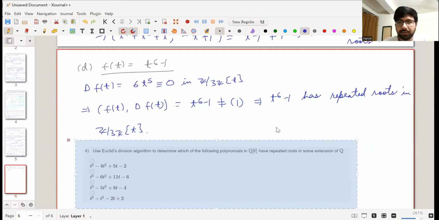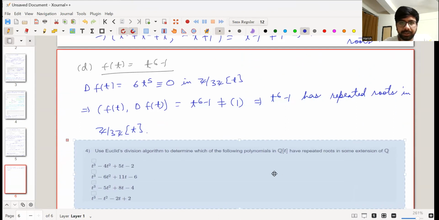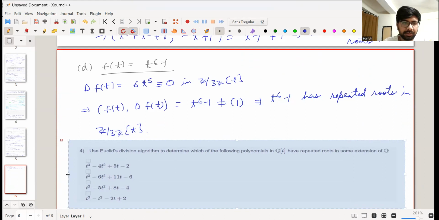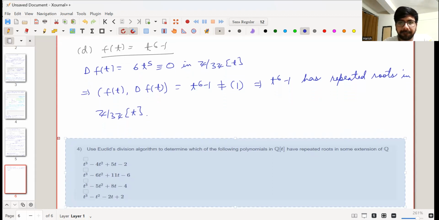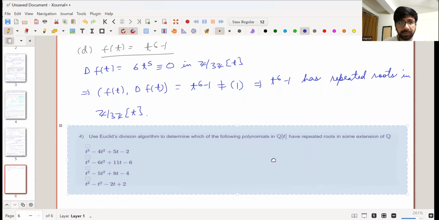Yeah, here it is. So it says use Euclid's division algorithm to determine which of the following polynomials in Q[t] do not have a repeated root, or have a repeated root.